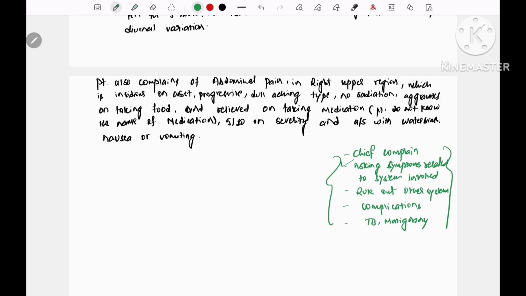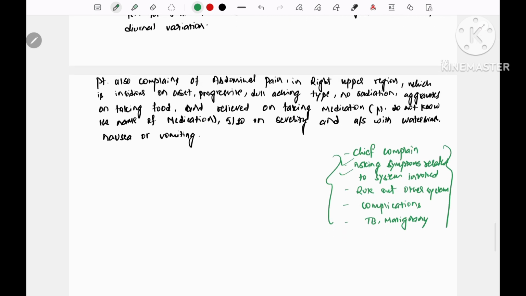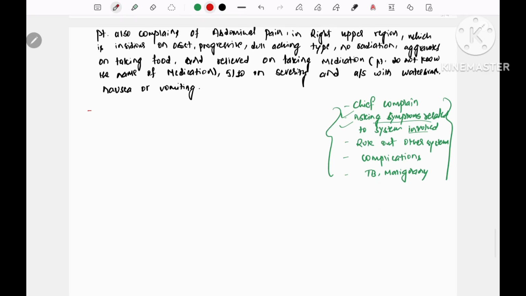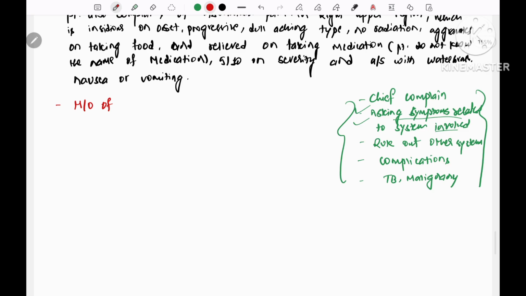The chief complaint is explained, but the symptoms associated with the GI system are not completely explained. So to rule them out, I ask the patient: is there any history of abdominal swelling, and is there any history of black color stool, blood in stool?